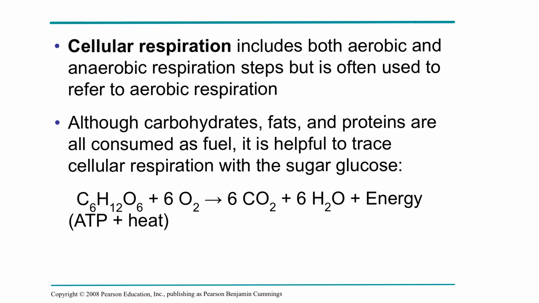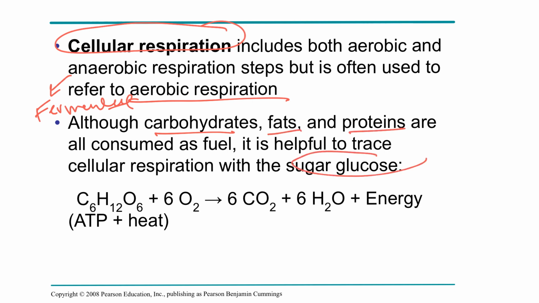So, cellular respiration includes both aerobic and anaerobic steps, but usually when we talk about cellular respiration, we talk about aerobic respiration, and when we're talking about anaerobic, we're talking about fermentation, okay? Even though, as I just said, you can use carbohydrates, fats, and protein as fuel, we usually think of it as starting with glucose. So, here is the balanced equation.